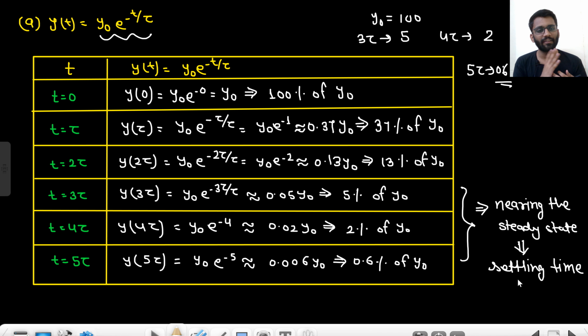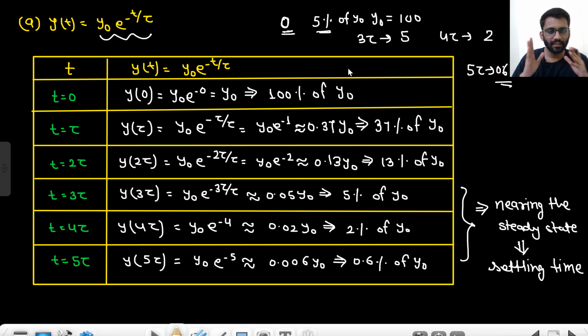Like he says, I want 95% accuracy, 5% of error. That means you need to go to 0 voltage, because the final value will be 0, but 5% error can be there, so your value can be 5% of y0. That is 3 tau. If we want 98% accuracy, it will be 4 tau.